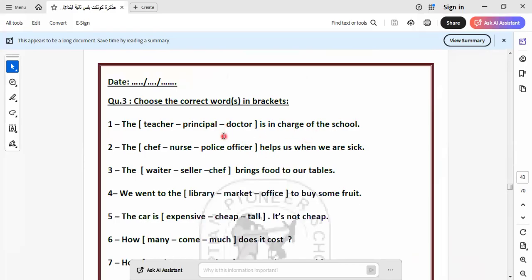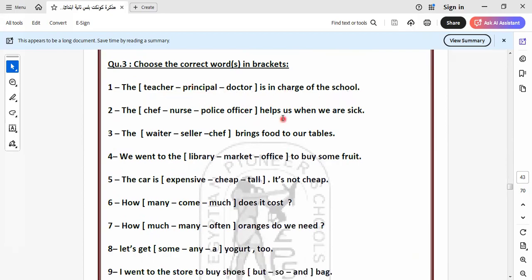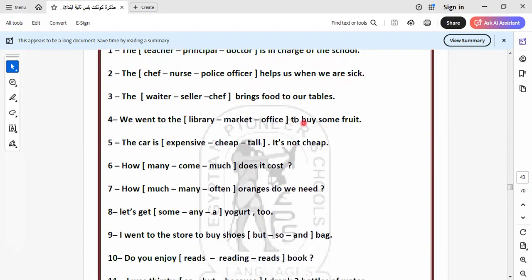Here is a multiple choice question. The principal is in charge of the school. The nurse helps us when we are sick. The waiter brings food to our tables, not the chef, because the chef cooks the food, but bringing food to the tables in the restaurant is the waiter.